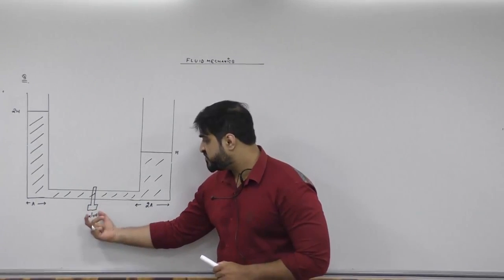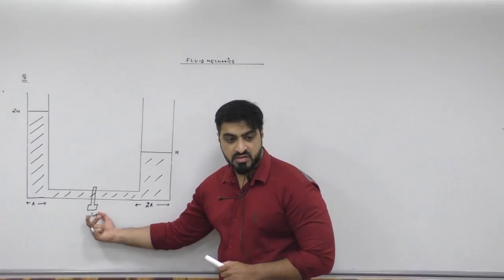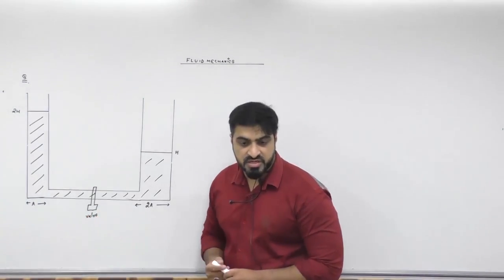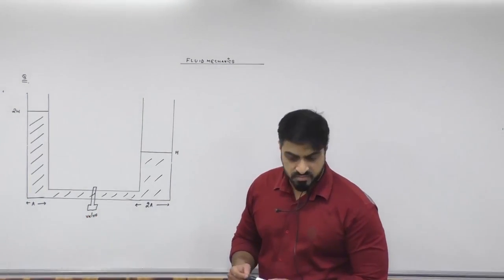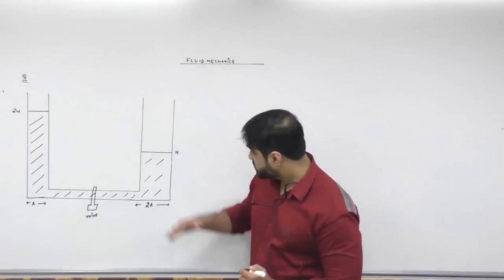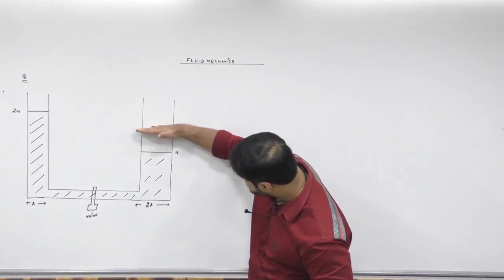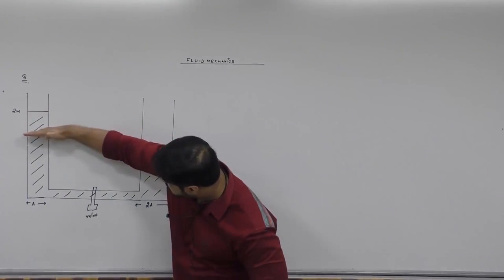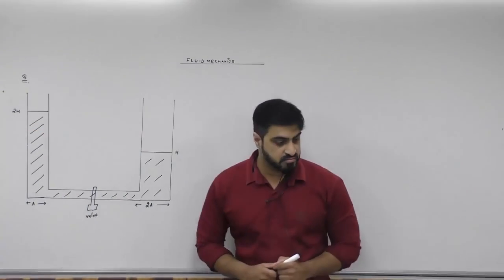When I open the valve, liquid will get redistributed such that the height will become the same. I want to find the common height. Means at this level, this will rise and this will fall, and I want to find this common height.